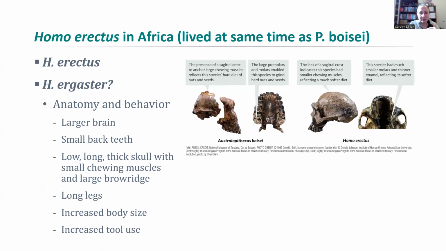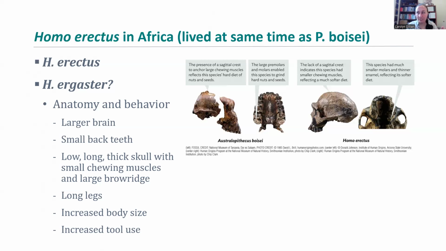Now, the reason I'm showing you the image that you see on the slide here is to compare it to Paranthropus boisei. Remember, your textbook refers to this species as Australopithecus boisei. It's one of the robust Australopithecines. The modern genus classification for this is Paranthropus.